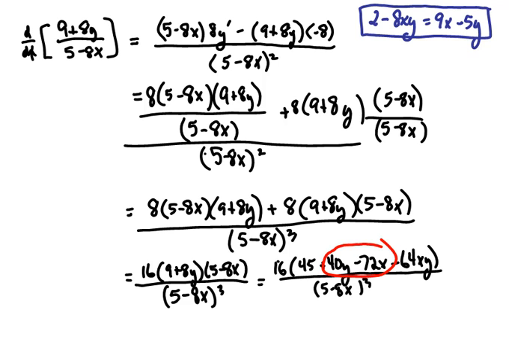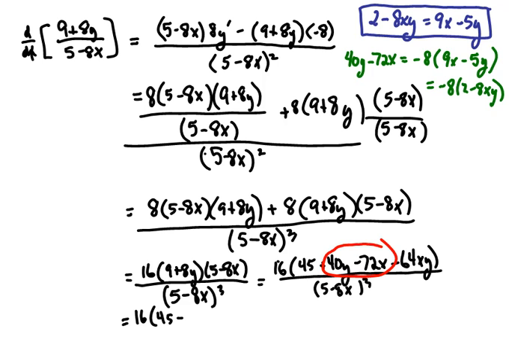If I were to rewrite that by factoring out a negative 8 and rearranging the terms, I would get 40y minus 72x is equal to negative 8 times the quantity 9x minus 5y, which we can then see in the numerator is really the same as negative 8 times the quantity negative 2xy. So I got rid of all that stuff in the numerator, and I'm left with negative 8 times the quantity 2 minus 8xy. So going back to my original expression, I'm going to take out the 40y minus 72x and replace that with negative 8 times the quantity 2 minus 8xy, which leaves that looking something like this.